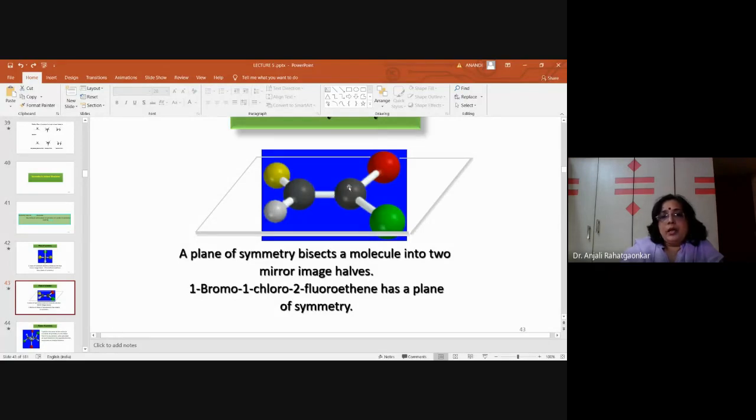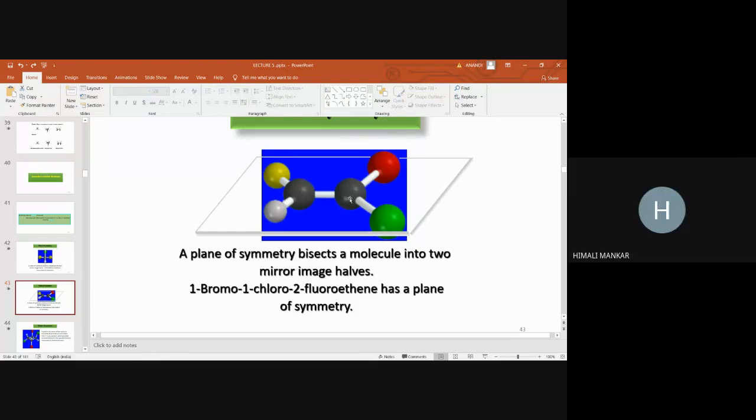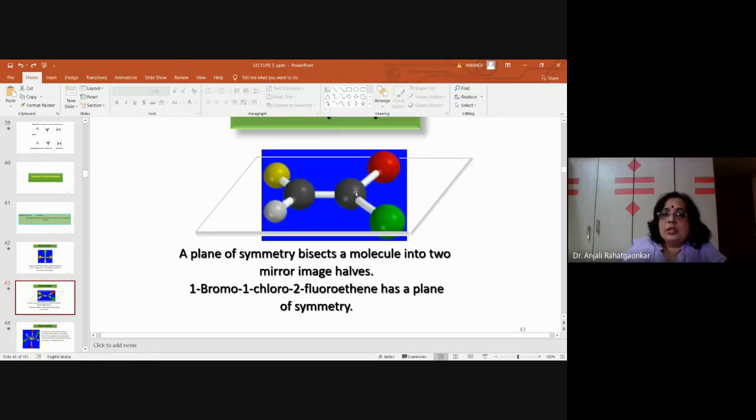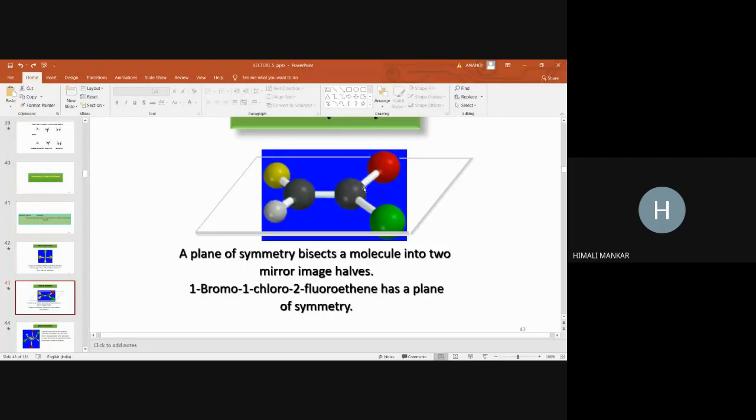Looking at this molecule, before applying the symmetry elements, अगर molecule को हम ऐसे ही देखते हैं तो क्या पता चलता है आपको कि ये molecule asymmetric है या chiral है ना, है कि नहीं?